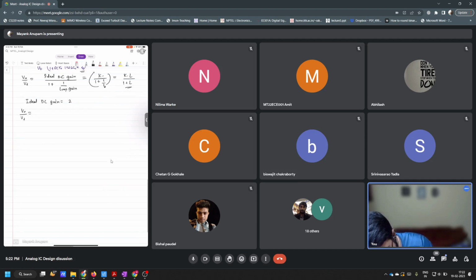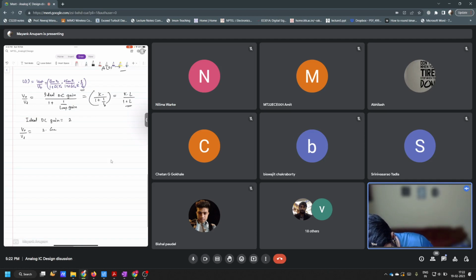So this is 2 times Gm times R naught divided by 1 plus SC1 R naught. This is the first term. Put a bracket here, into 2 times Gm R divided by 1 plus 2 SC2 R, into 1 over 2.